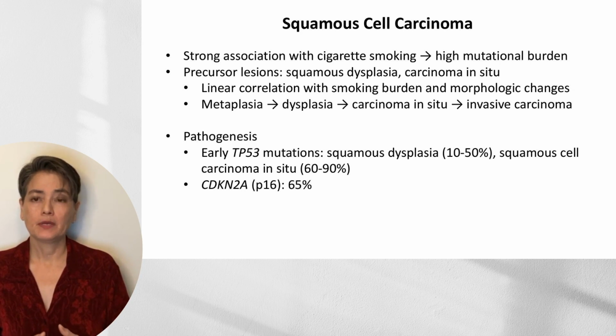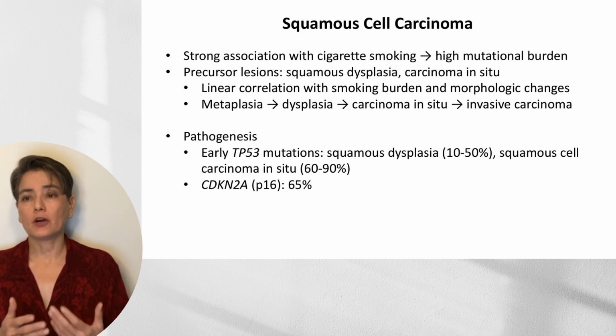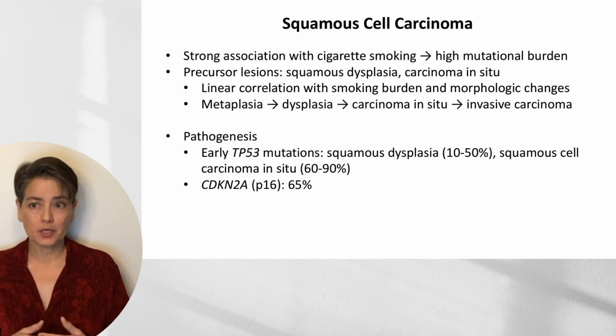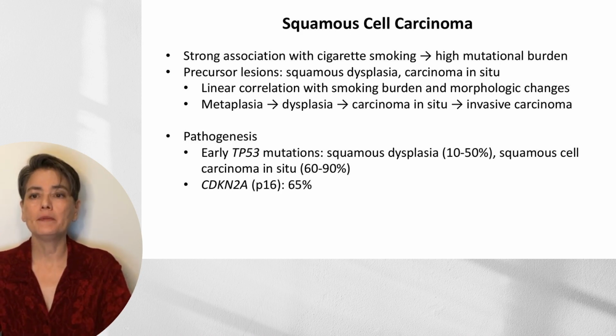of the skin. Now, there are a variety of precursor lesions, so squamous dysplasia and carcinoma in situ that lead up to carcinoma, invasive carcinoma. But we also have a variety of morphologic changes that are associated with smoking. So this can begin fairly innocuously with some goblet cell hyperplasia, some basal cell hyperplasia, and then we can get squamous metaplasia.